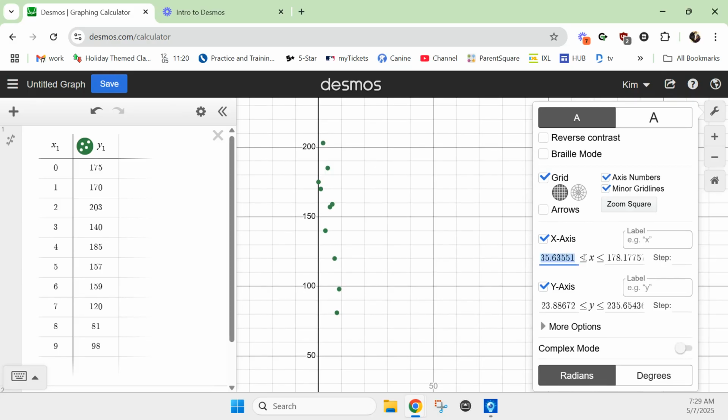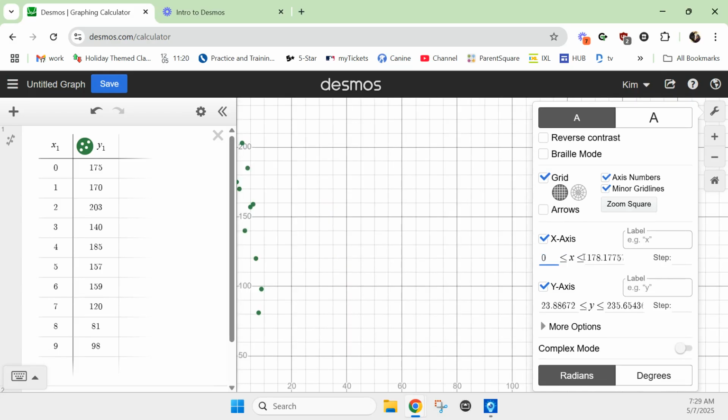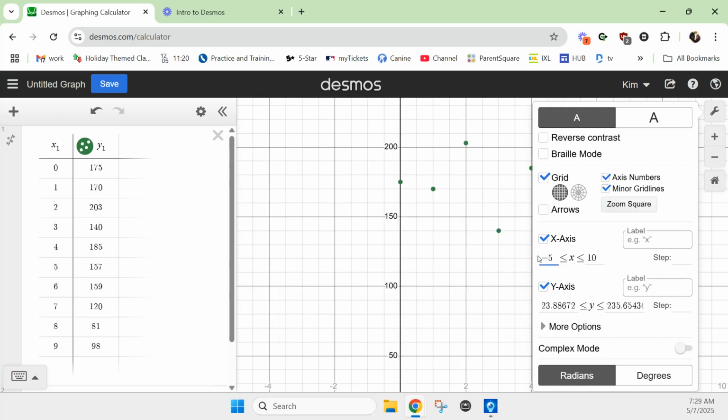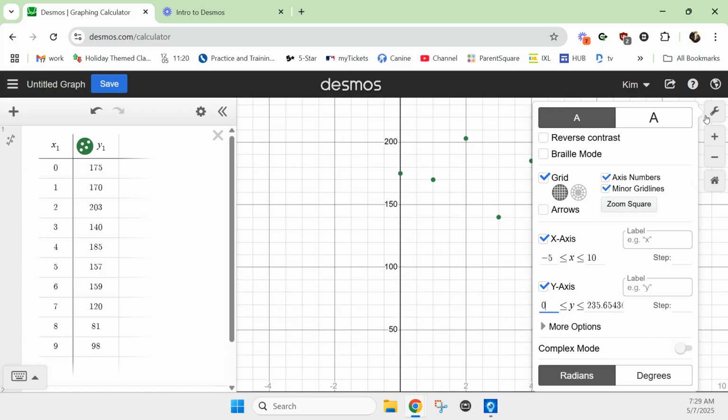So I'm going to change this to 0. And our highest x value was 9. So I'm going to actually change this to 10. Oh, look at that. I'm going to change this back. Actually, I'm going to change this to -5. And there's a reason I'm doing that. I'm going to change this to 0.